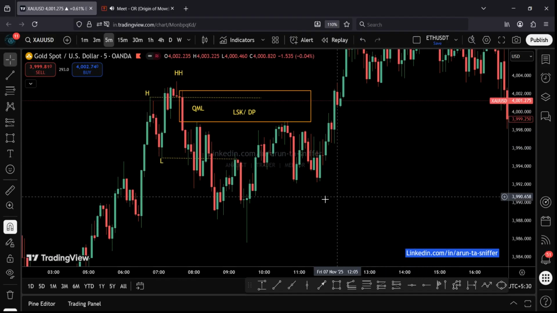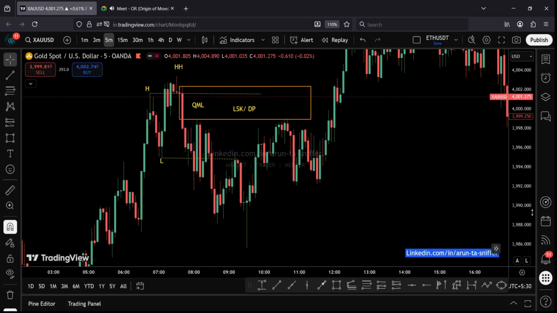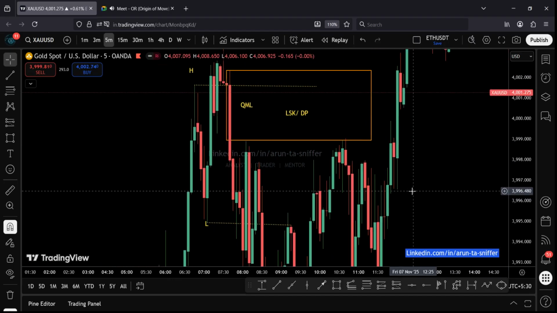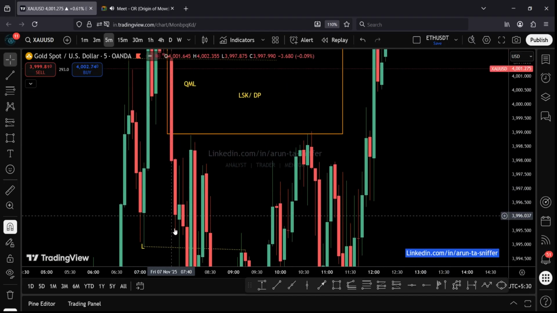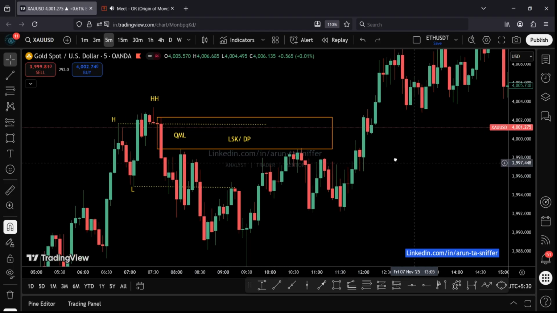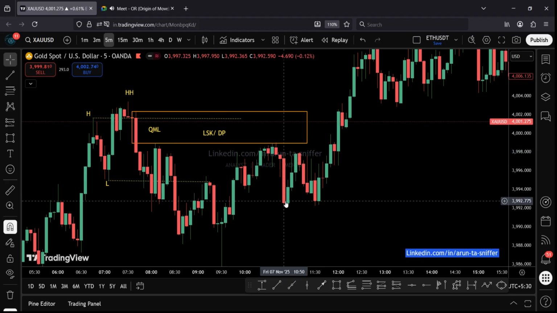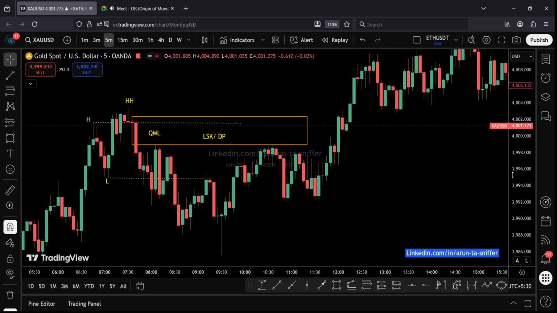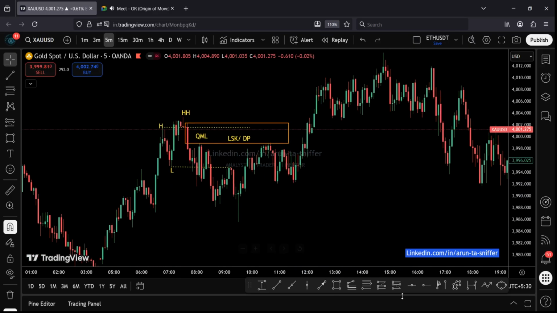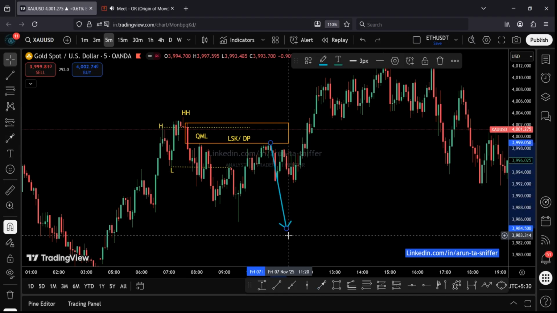What happens, if you look at here, after crossing this low, price goes up but did not touch this QM level, right? So this is not a valid move. Next time price goes up, touches this but falls just a little bit. As per the setup, price should have come till here at least, here or here, right?